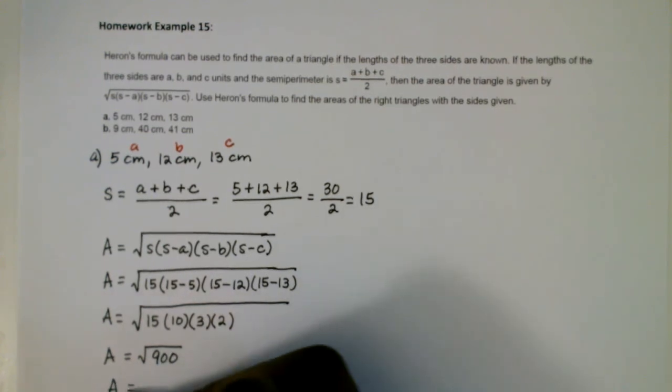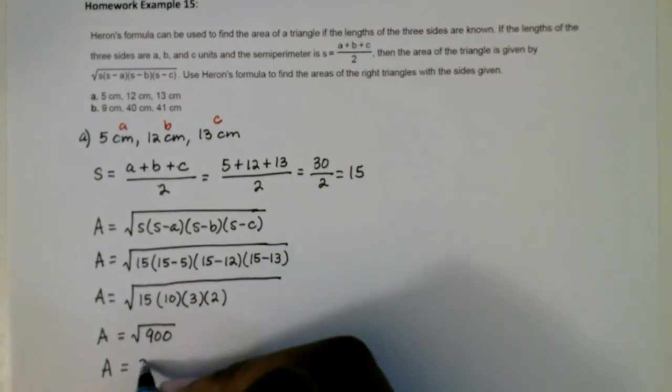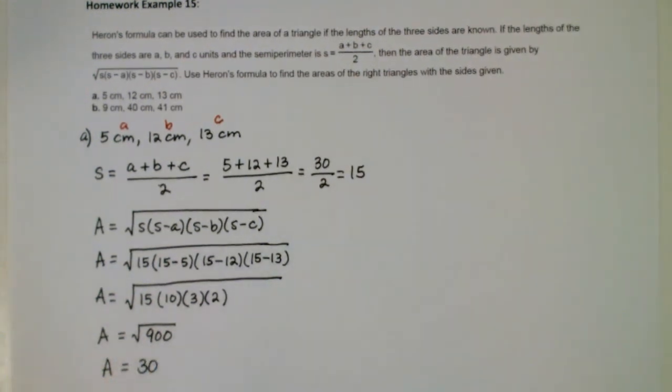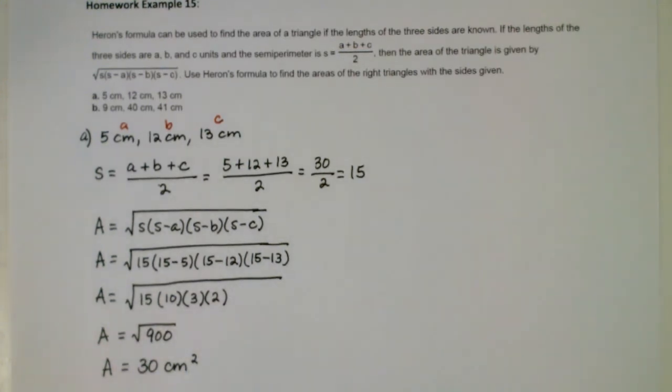And if I take the square root of 900, it'll be 30. So the area of that right triangle will be 30. And it's going to be 30 square centimeters.